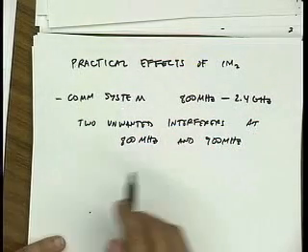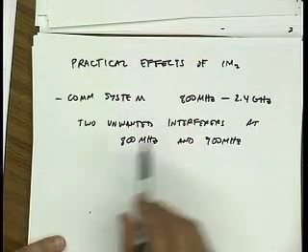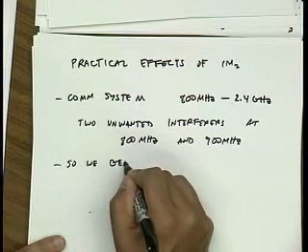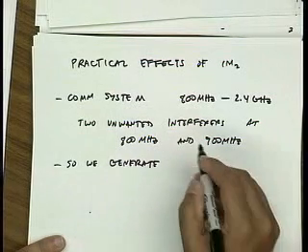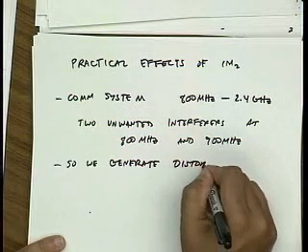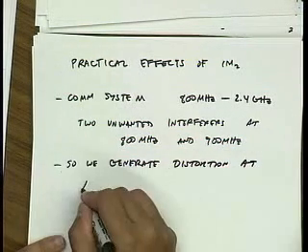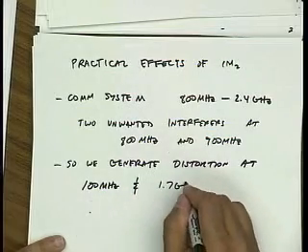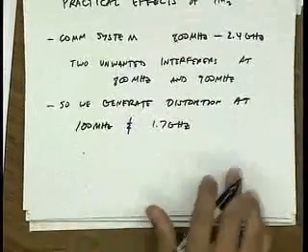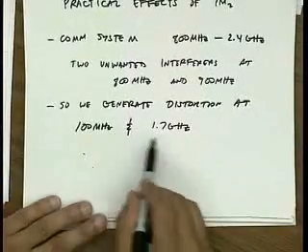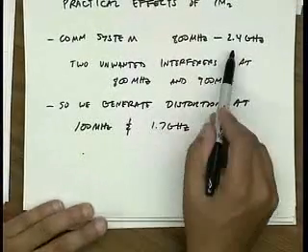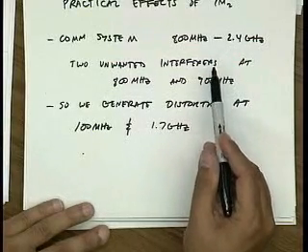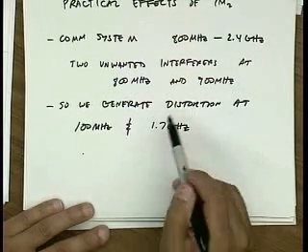Then we know that when these two interact with the second order nonlinearity, we generate distortion at 100 megahertz and 1.7 gigahertz. And this term, the higher order intermodulation, happens to fall in band. So if there were another channel at 1.7 gigahertz, it would have to compete with this distortion term.